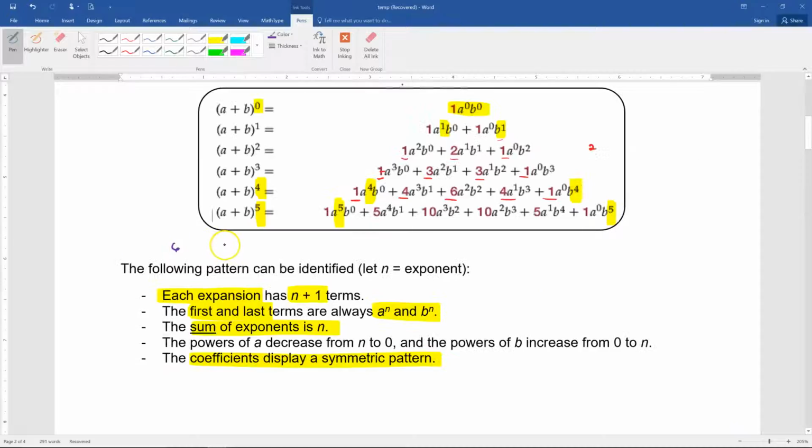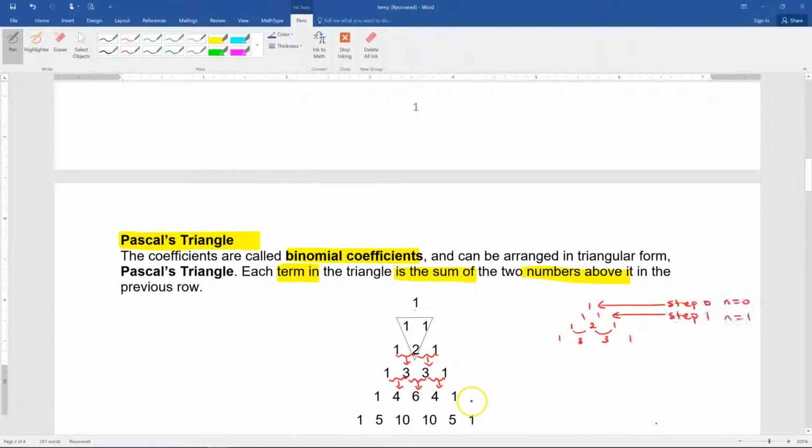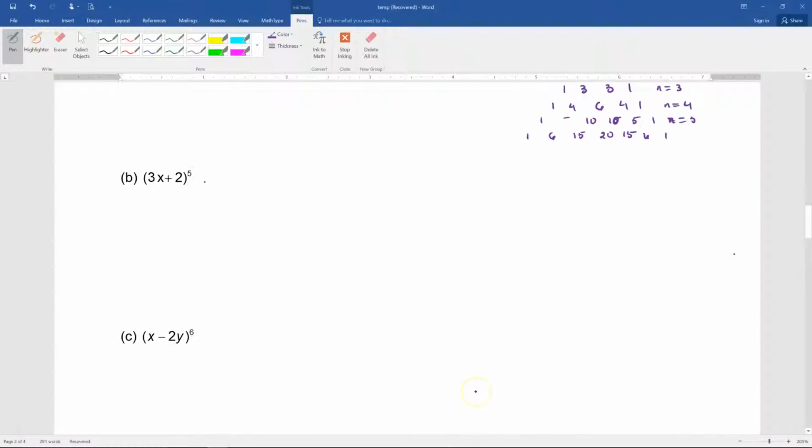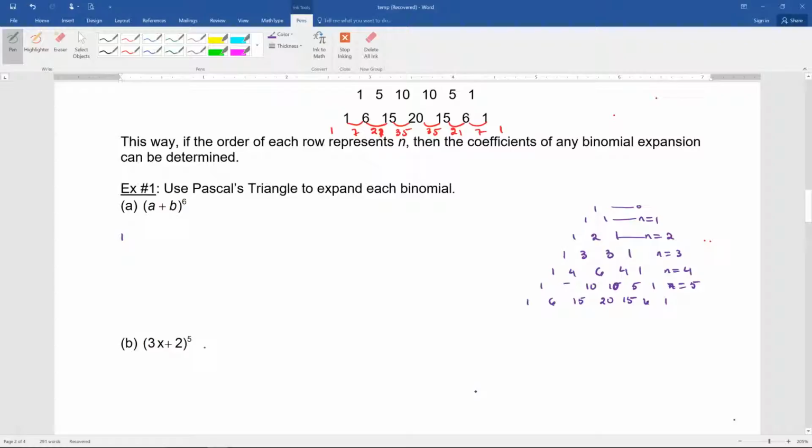So it's 1, 6, 15, 20, 15, 6, and 1. Okay? Now we're going to put in our A and our B.